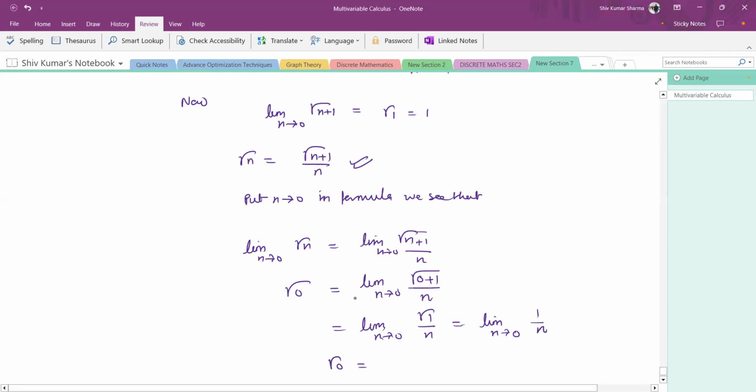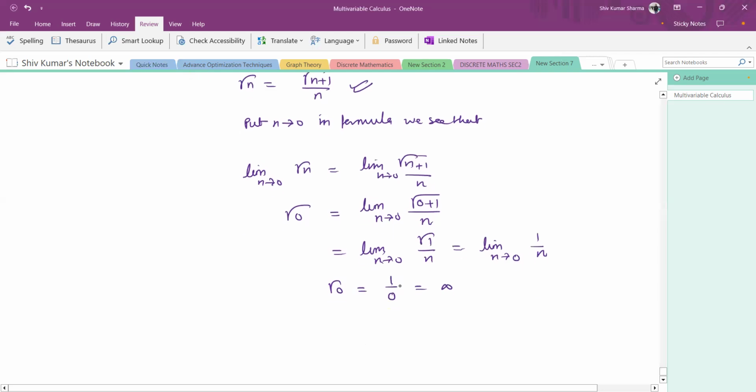So gamma 0 is equal to, now we apply the limit n tends to 0 for this. This gives us 1 upon 0, and something upon 0 gives us infinity. So the value of gamma 0 is infinity.